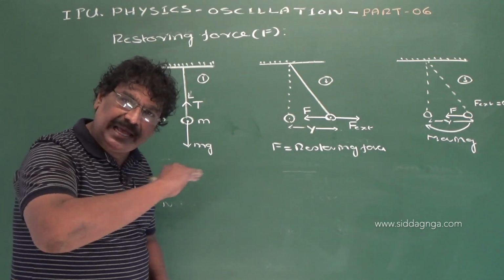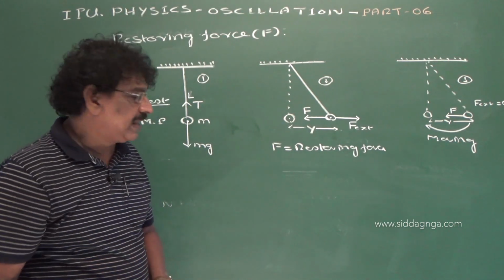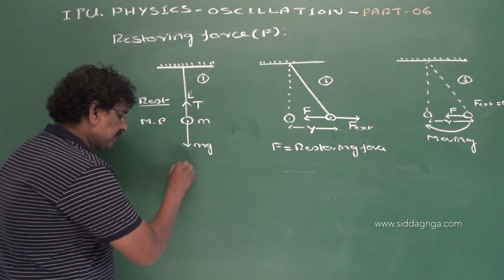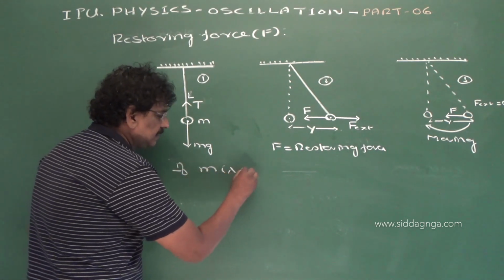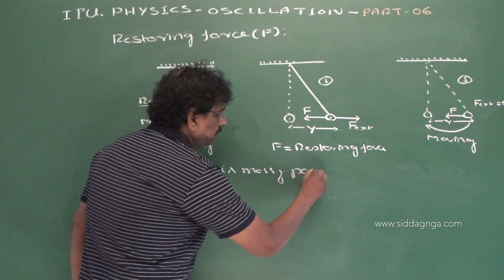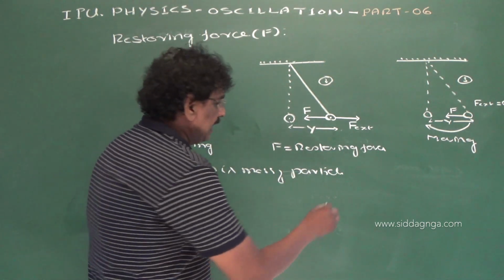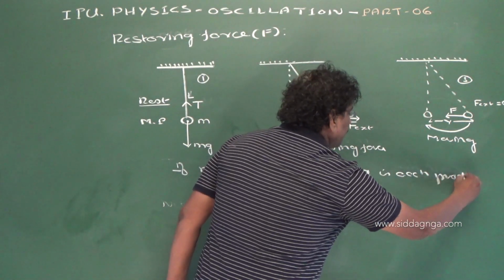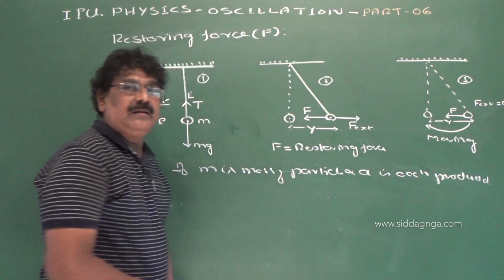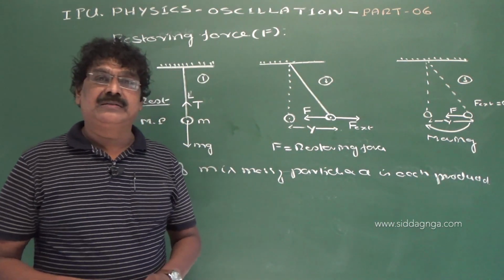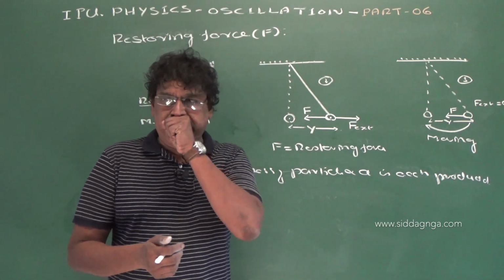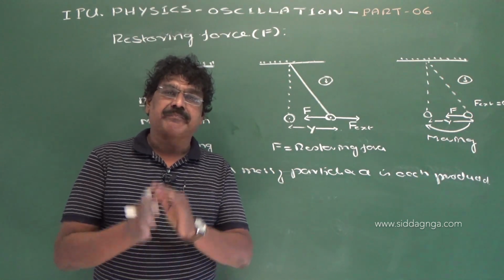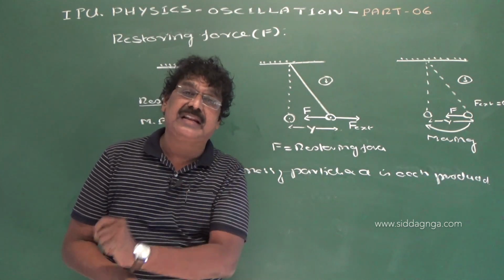Here we are dealing with only horizontal forces. Now this restoring force: if m is the mass of the particle and a is the acceleration produced in it, then according to Newton's laws of motion, an external unbalanced force acting on a body always produces acceleration in it.